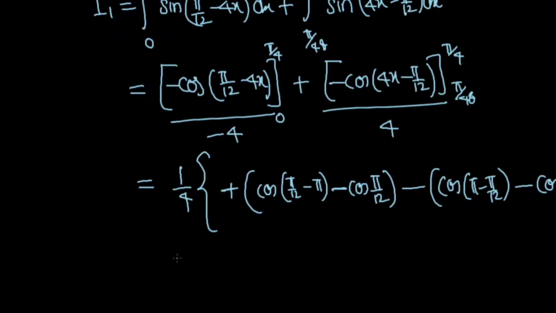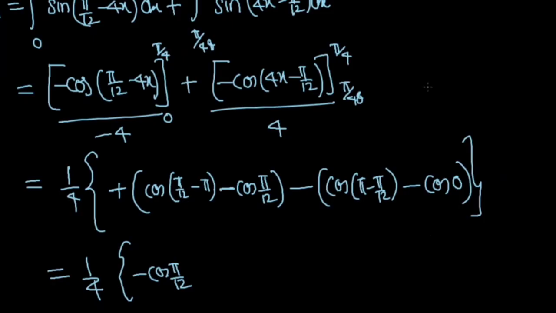So from this, 1 by 4. So cos of pi by 12 minus pi, 180 minus theta, gives minus cos, minus cos pi by 12. Okay, see here, this is cos of minus theta. Cos of pi by 12 minus pi can be written as cos of pi minus pi by 12, because minus theta lies in the fourth quadrant, positive.